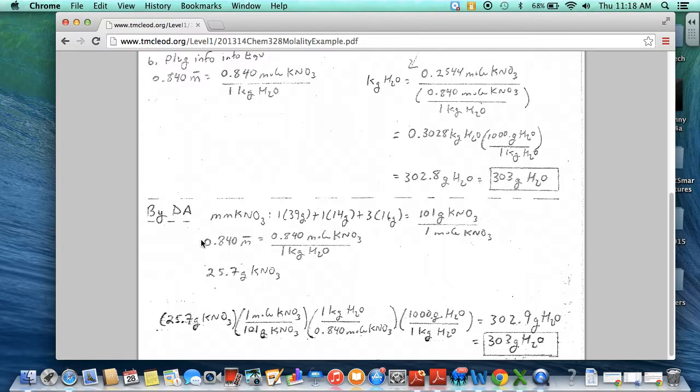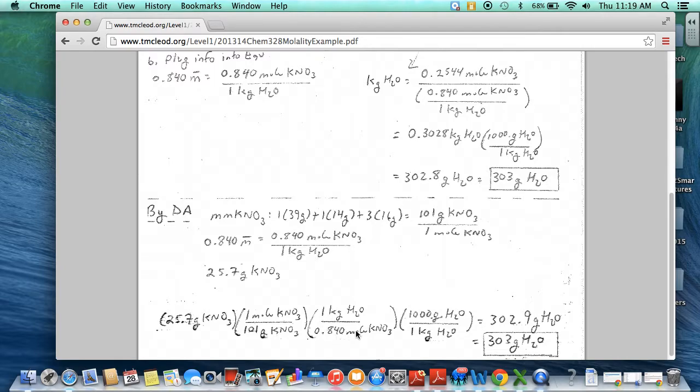Just like molarity, molality and all your concentration terms are basically conversion factors between one substance and the other substance, because all concentration terms are basically ratios. In this case, this is your conversion factor between moles of the solute and kilograms of the solvent.